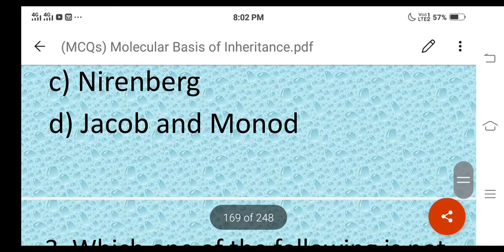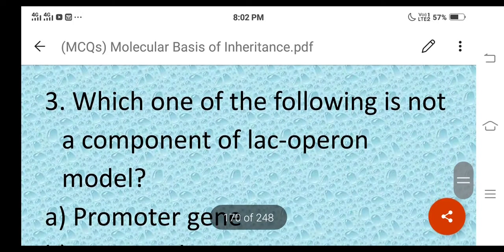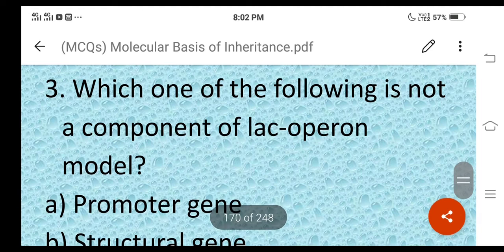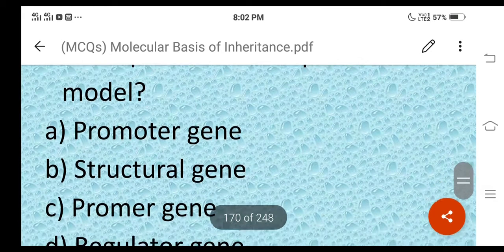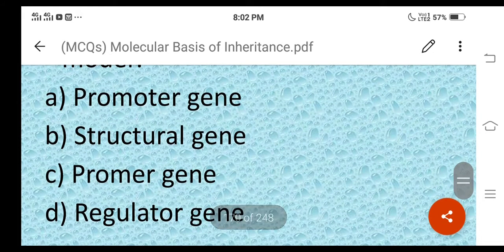Then the next one, question number 3. Which one of the following is not a component of lac operon model? The options are: promoter gene, structural gene, promer gene, and regulator gene.